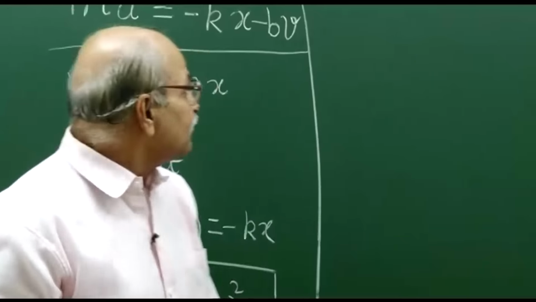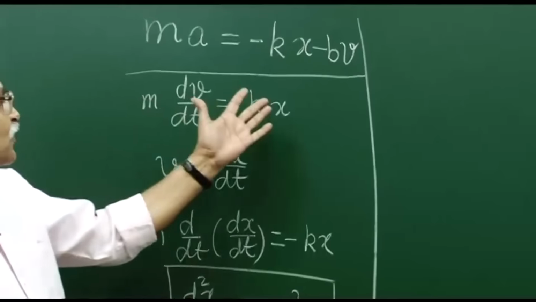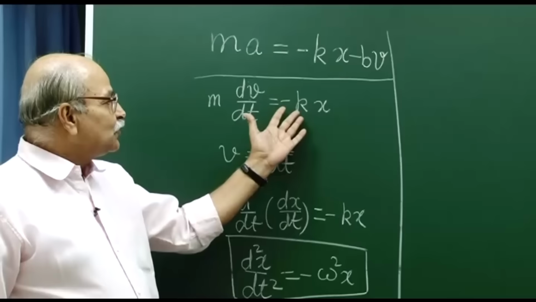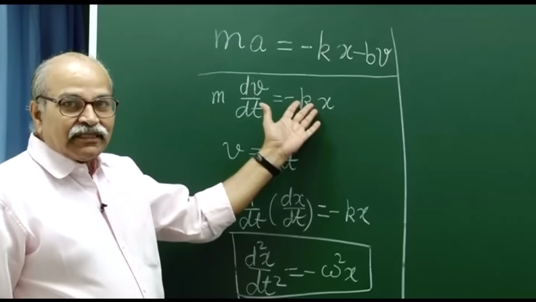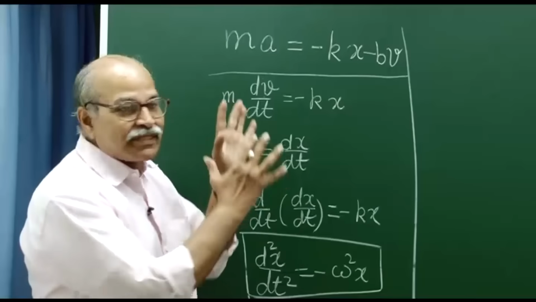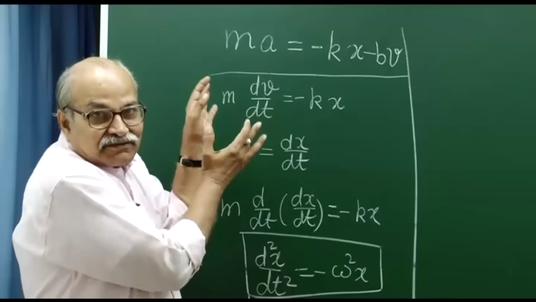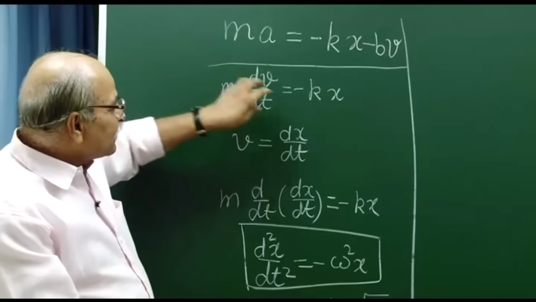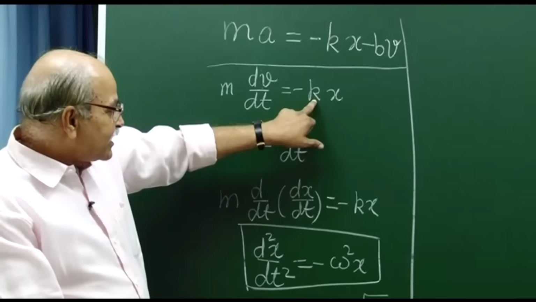The basic equation was mass times acceleration is equal to restoring force. It is not necessarily mass as such in an oscillating system, it could be moment of inertia or some other thing, but something related to the system, and this is related to the force as I said earlier.